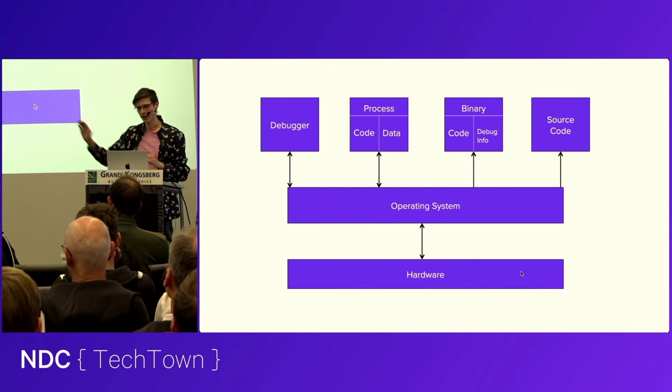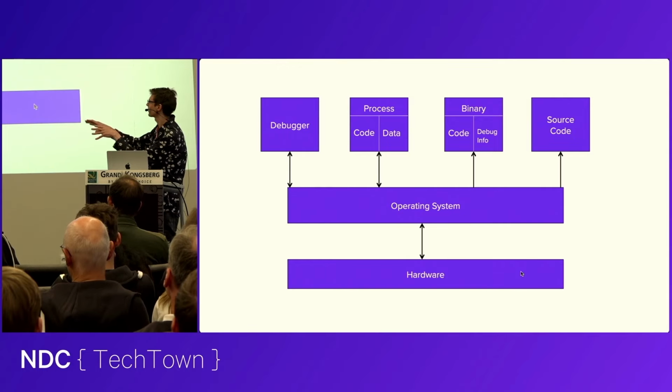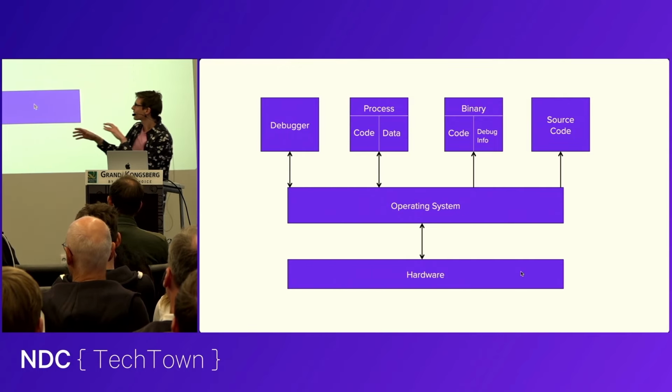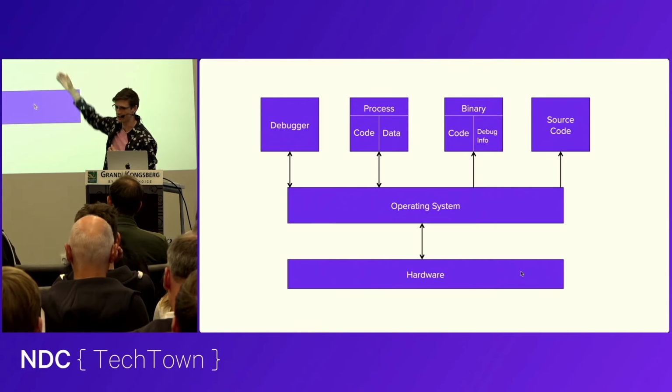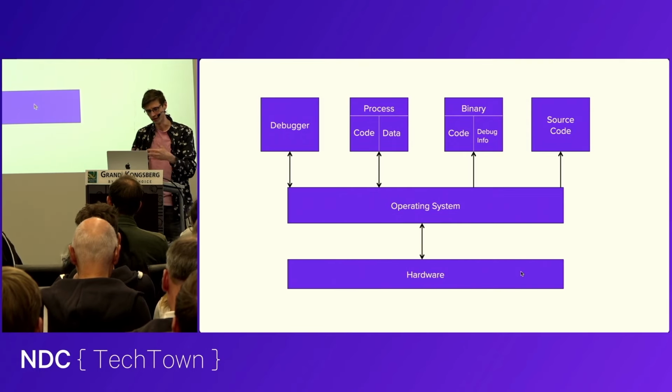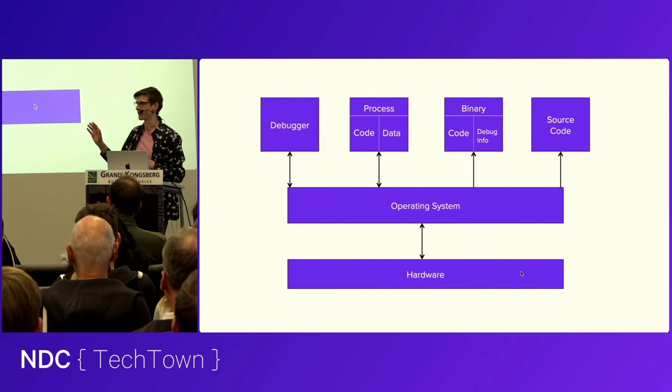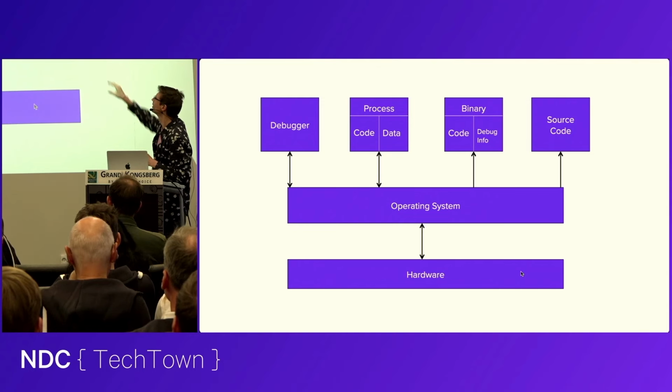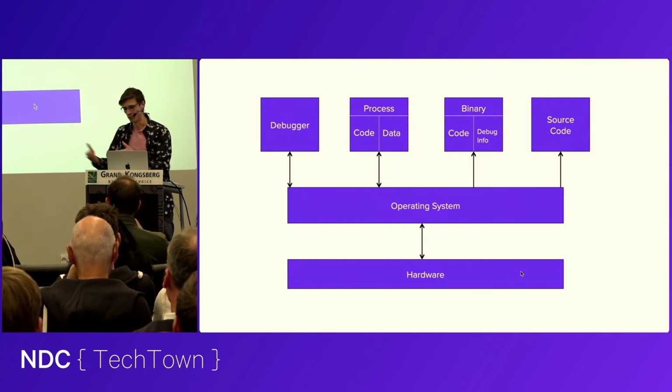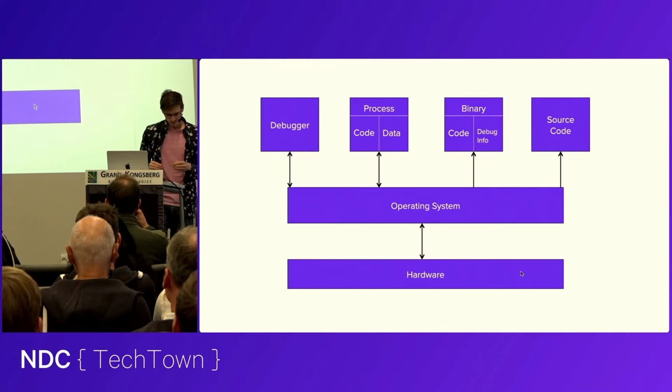We have the binary that exists on our file system, which is similar to the process, but with some differences in the code that are important. We also have debug information, which we will learn more about as the talk goes on.